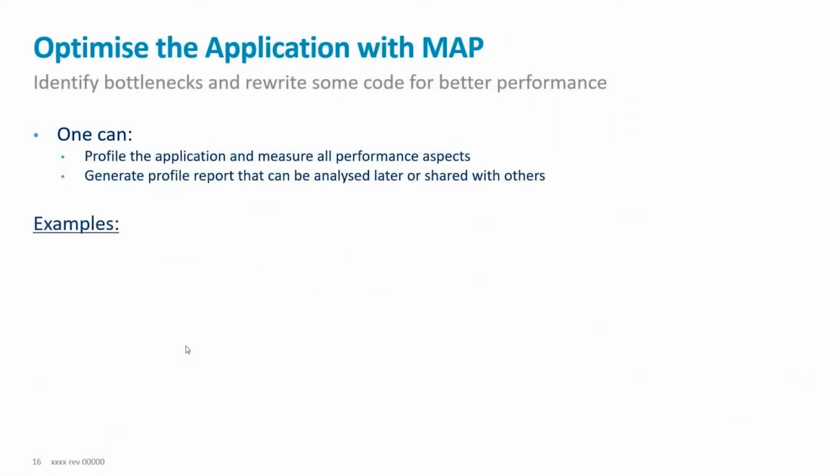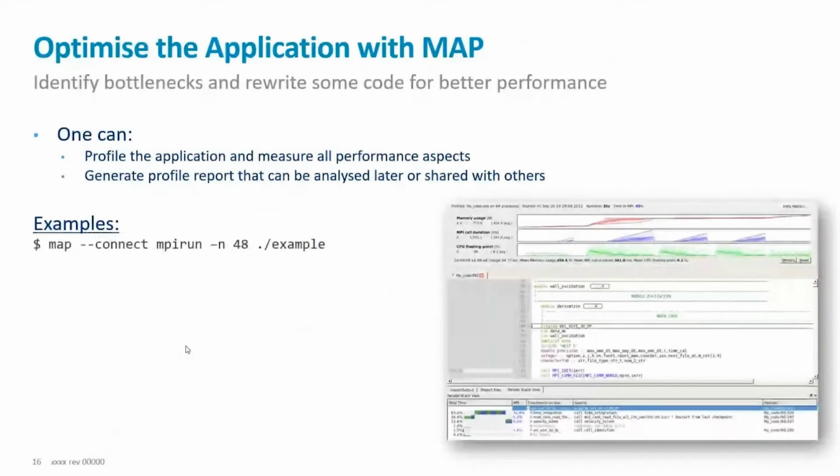So in the same way, there is the option with map. So instead of ddt, we say map --connect, and as you can see, there is memory usage, MPI call durations, CPU floating points, and if you're using GPU, for example, there's much more information for CUDA GPU, and here you can see your source code, and there is more information about your stacks.